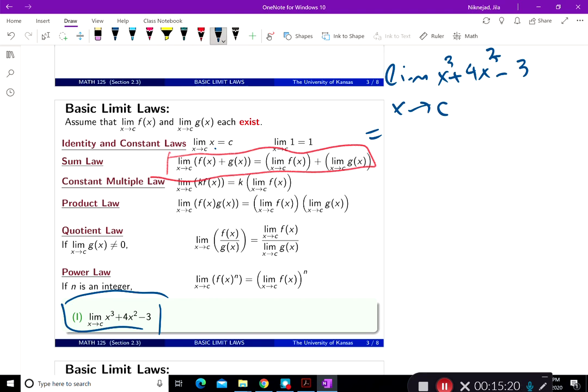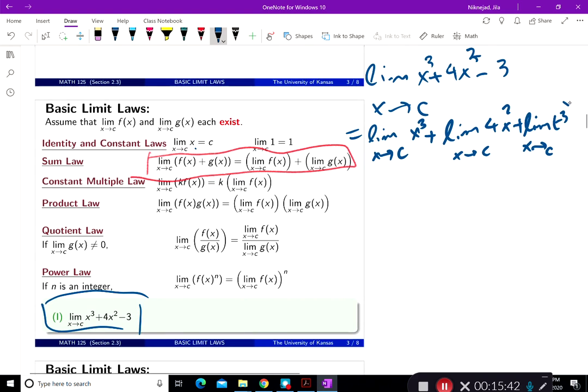With the sum law, we end up with the limit as x approaches c of x to the third, plus the limit as x approaches c of 4x squared, plus the limit as x approaches c of negative 3. Now the next step, I'm still not there. I see that if I use the exponent law or power law, I can end up with this term being one of these two.